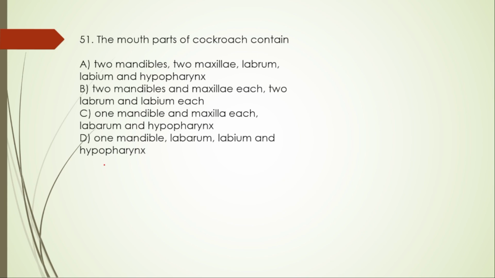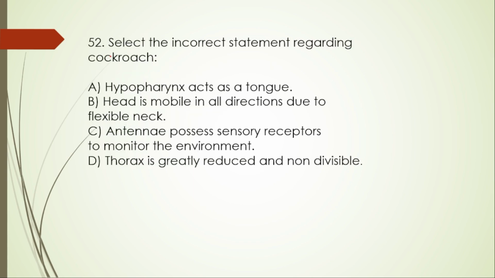Next, 51. The mouth parts of the cockroach contain: A, 2 mandibles, 2 maxillae, labrum, labium and hypopharynx. Yes, the mouth parts contain all of these parts. So for 51, A is correct. And for the 52nd, select the incorrect statement regarding the cockroach. Hypopharynx acts as a tongue, right. Head is mobile in all directions due to the flexible neck, right.